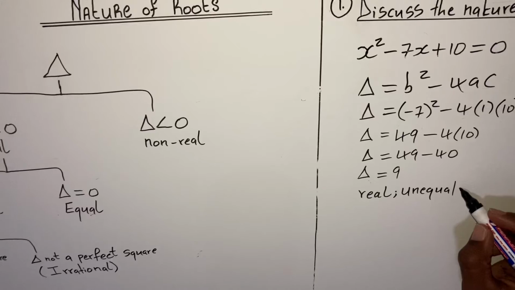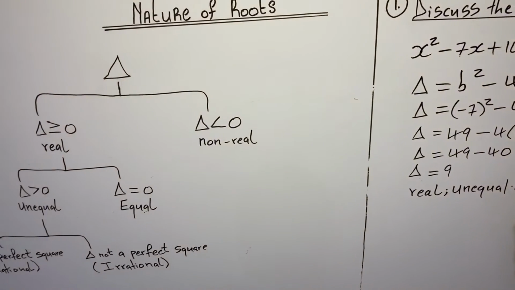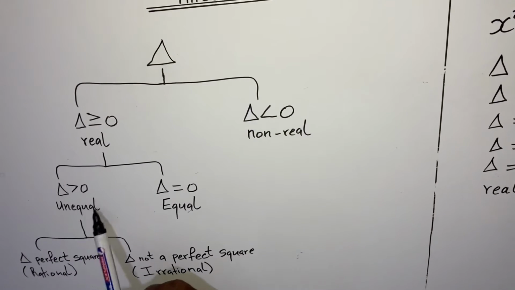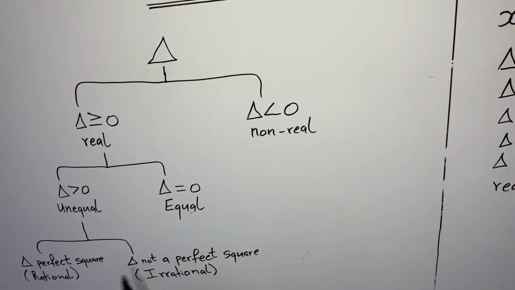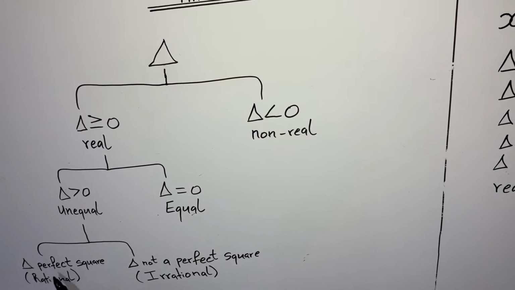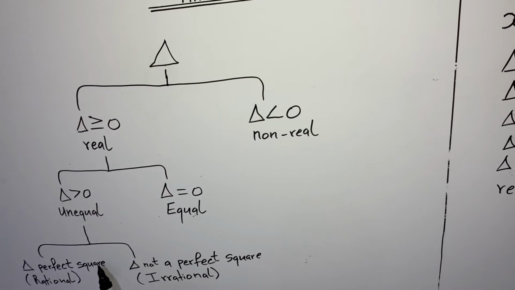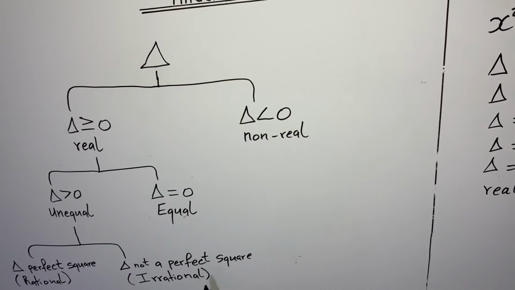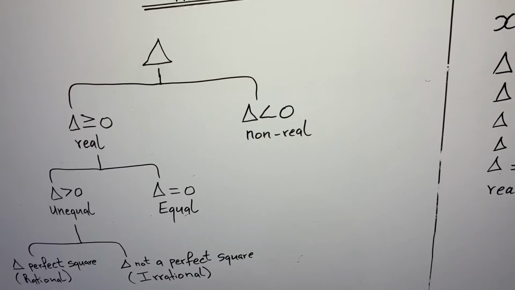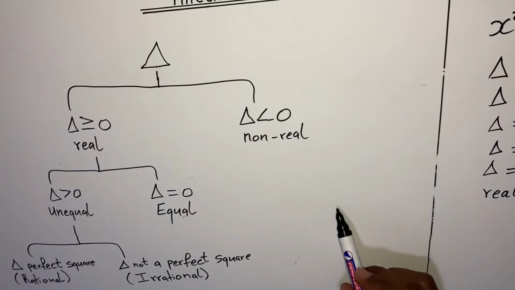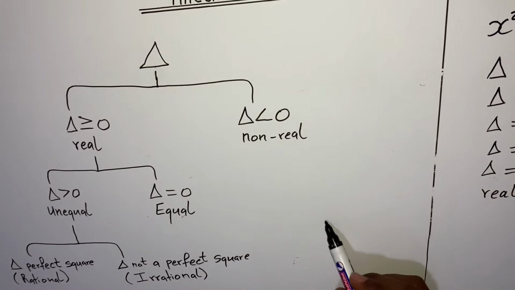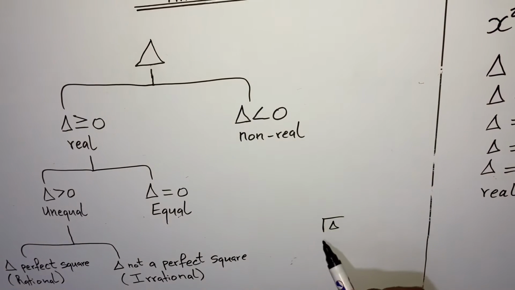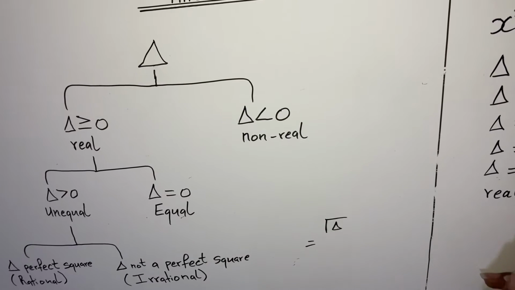Then, lastly, under unequal, there's a continuation. Whether your delta is a perfect square or your delta is not a perfect square. So in this instance, a 9, when you take this 9, you take your delta under the root, of which my delta in this instance is a 9.